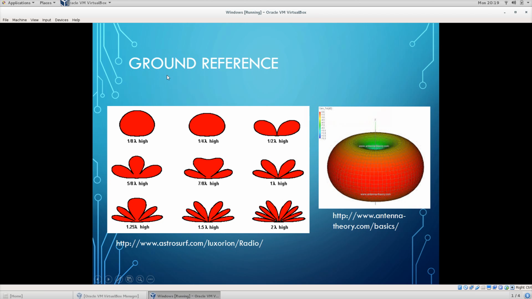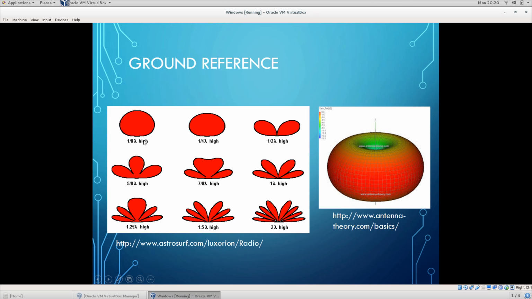Now another thing that's really important for antennas is ground reference, right? So in this case, what you're looking at is a dipole that's been moved to different heights above the ground, which creates different kinds of reflections. The idea here is that the ground is below down here, and it's reflecting up, right?